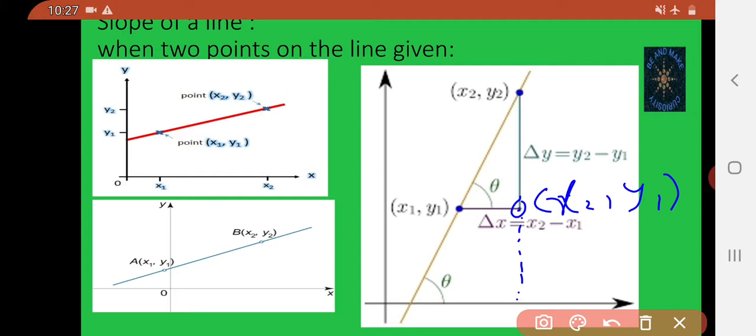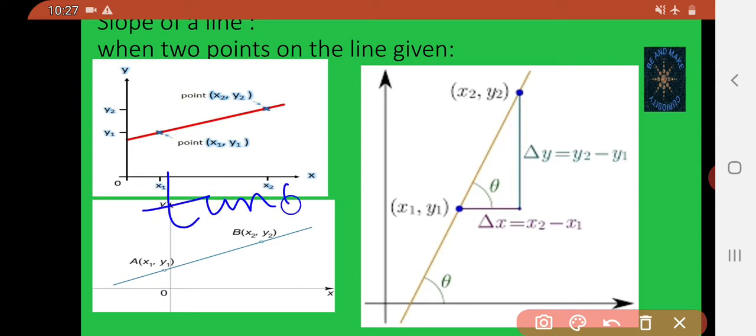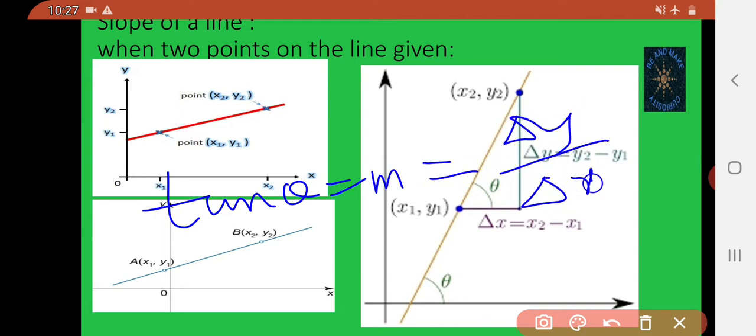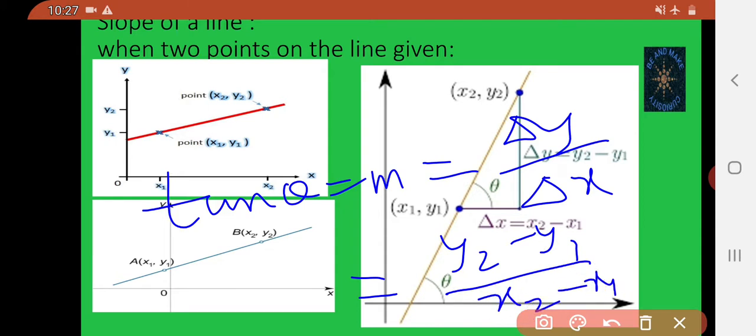Then the change in x will be x2 minus x1. The change in y is y2 minus y1. So the slope tan theta, that is m, is equal to change in y by change in x, that is y2 minus y1 by x2 minus x1. Understood?